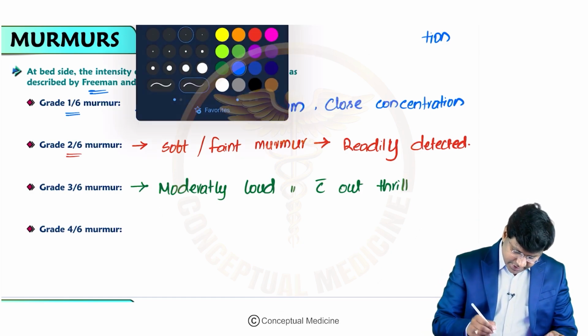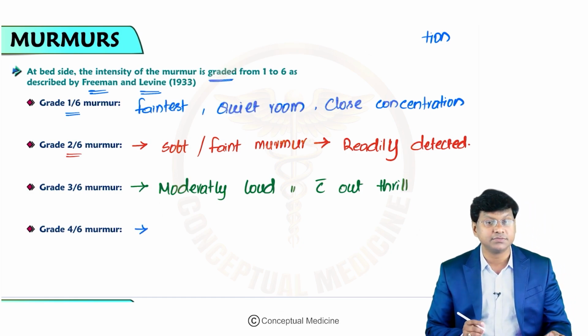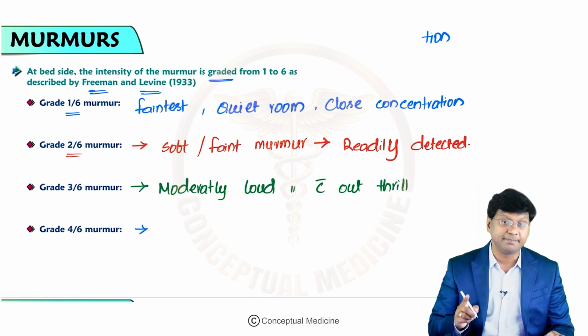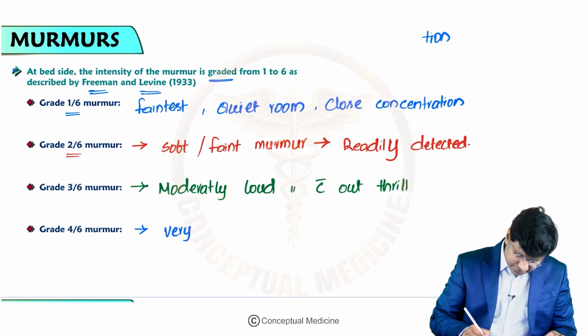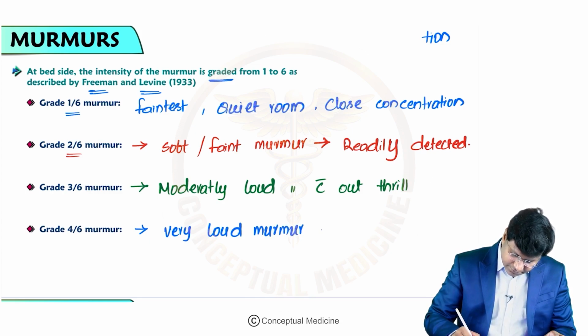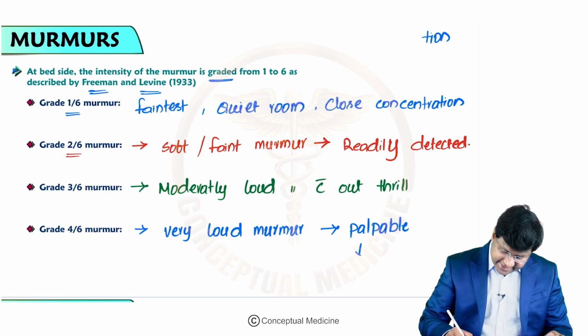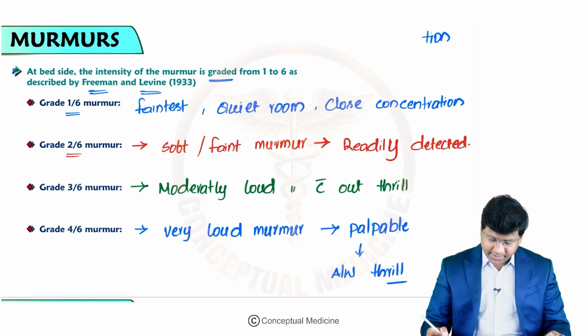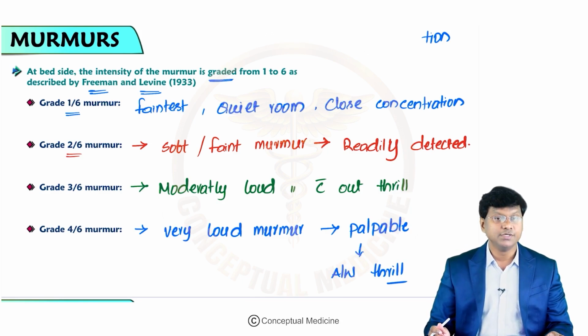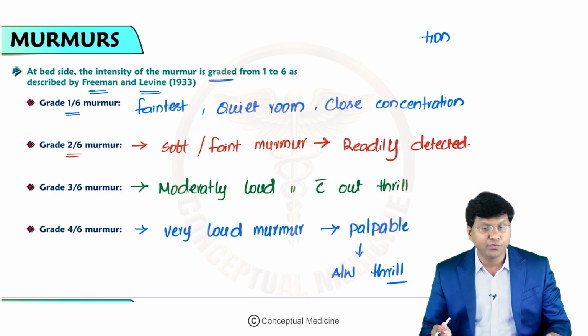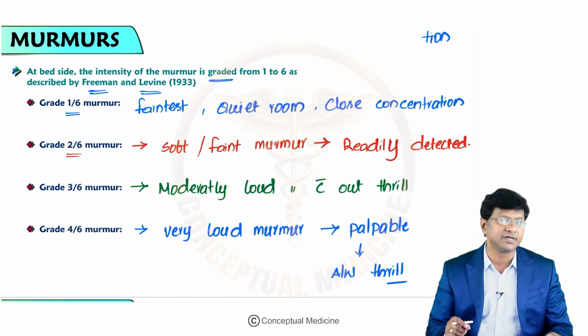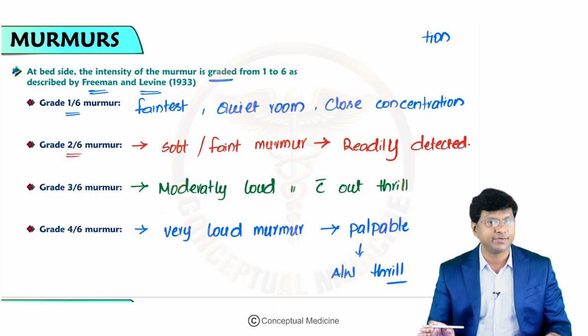Then if you see grade 4/6 murmur, it is a very loud murmur that is palpable, and that is the one which is associated with thrill. So that is your grade 4/6 murmur.